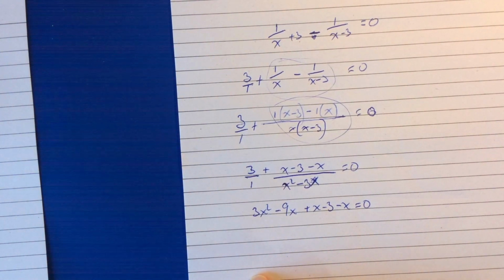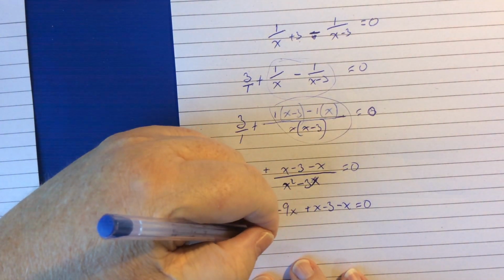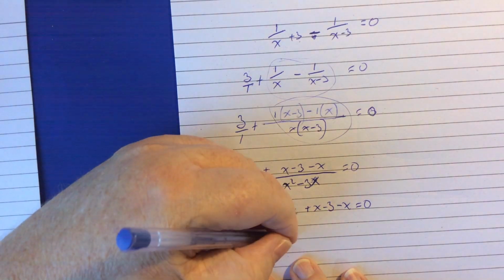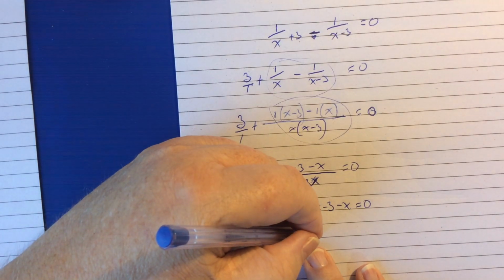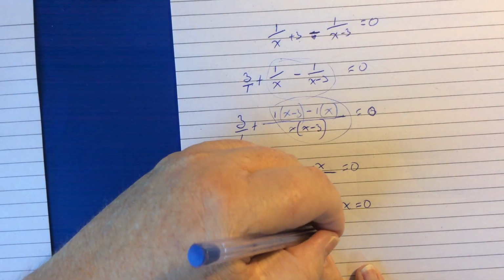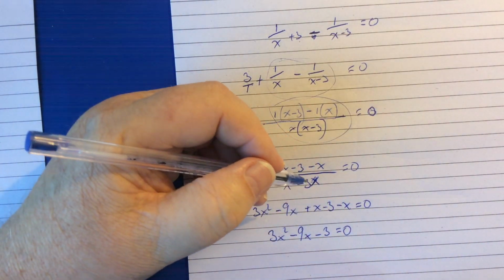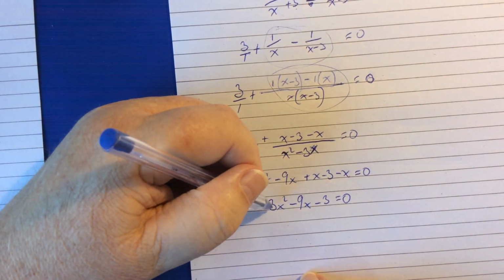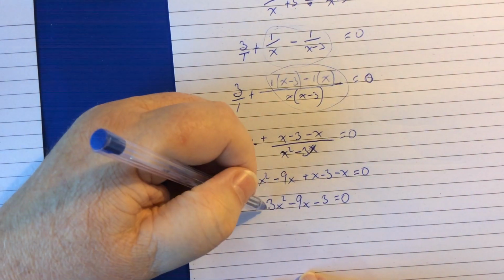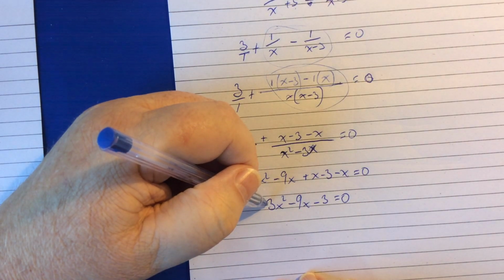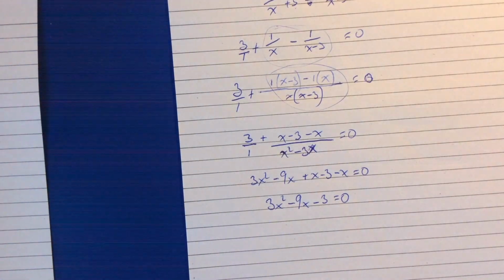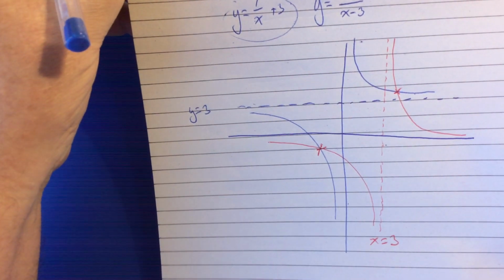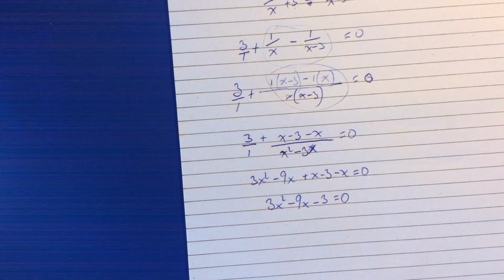And if we tidy that up a little bit, we get 3x squared minus 9x minus 3 equals 0. If we solve this equation for 0, we will find the x values of the points of intersection for this graph. So that's what all that work is in aid of.